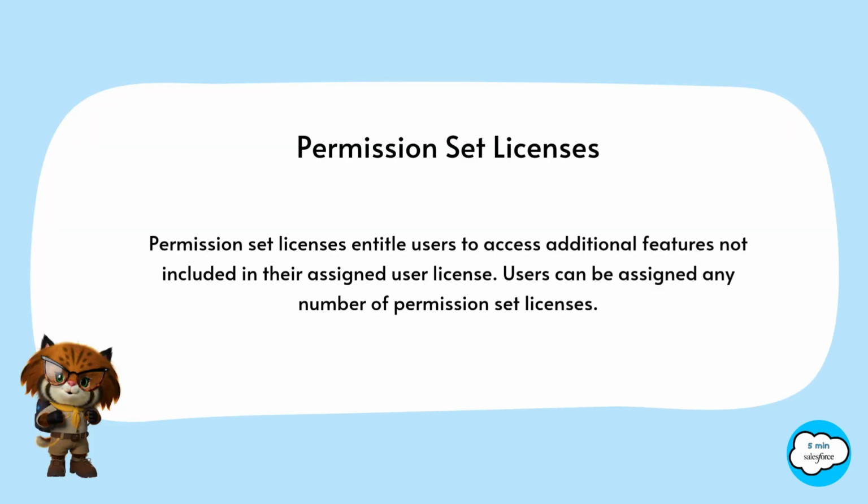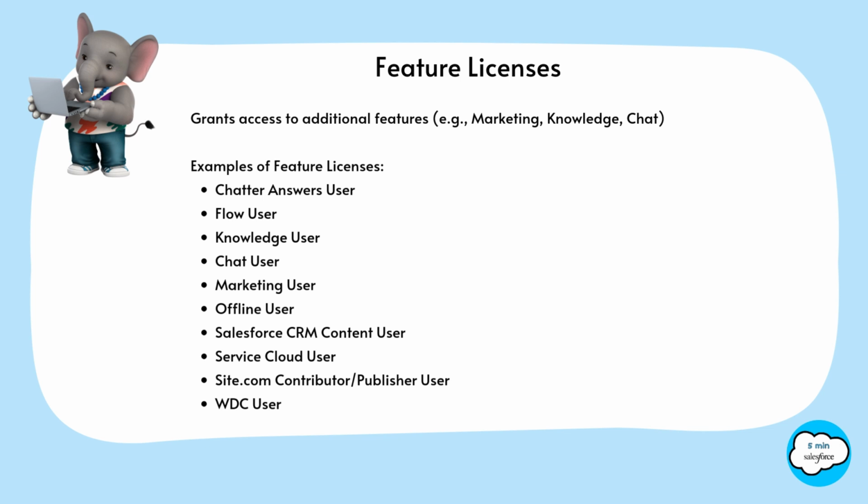On top of it we can also have permission set licenses, which can give us extra features that are not included in their main user license. The good news is users can have as many permission set licenses as they want. And then we have feature licenses.